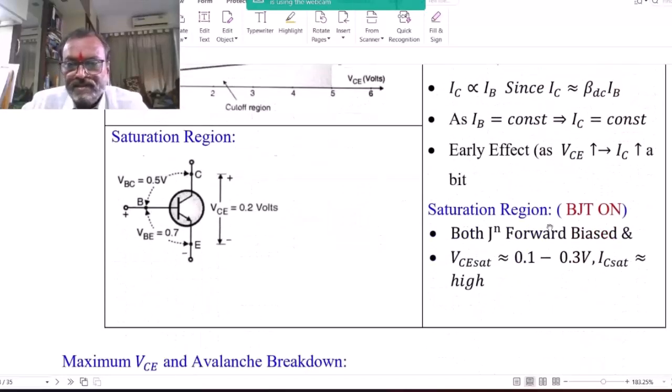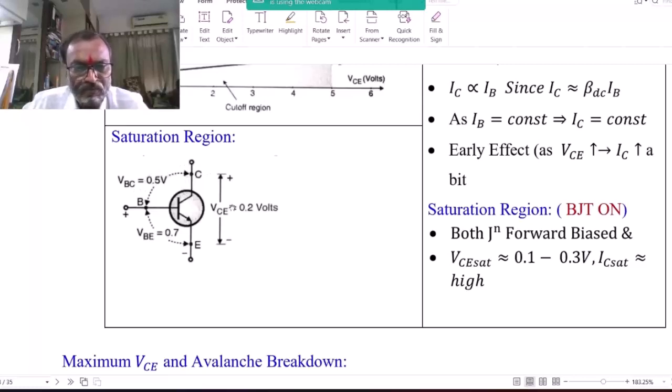In saturation region, the BJT is fully on and both the junctions are forward biased. See here in the figure, in saturation region, for the base to emitter junction the voltage drop is 0.7 volt in forward direction, as well as for the base to collector junction the voltage drop is more than 0.5 volt, and therefore it is also in forward direction.